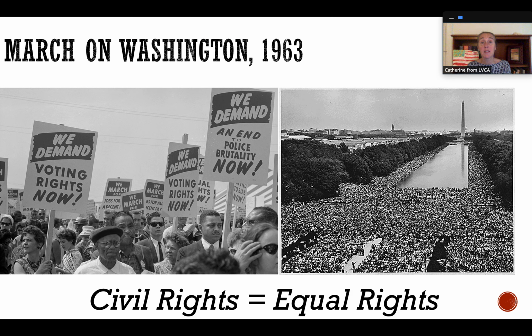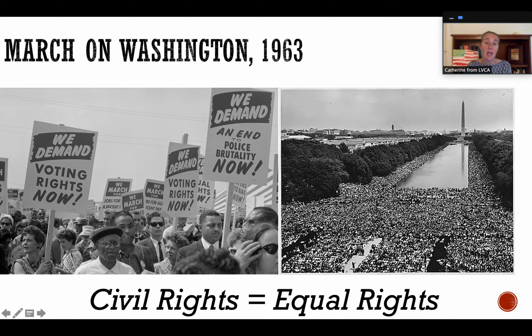One of the most famous examples of an action in the Civil Rights Movement was the March on Washington in 1963. Civil rights is another way of saying equal rights, a movement so that everyone will have equal rights. You'll notice some of these signs from 1963 include demanding voting rights for all people, no matter what their race is, and an end to police brutality.